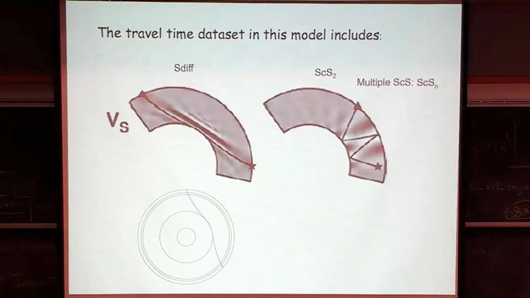These are broadband sensitivity kernels of the S diffracted, which is concentrated along the core mantle boundary, and multiple ScS. This is shown ScS2. Again, it samples the whole mantle, but it allows you to get some sampling in the deep mantle, even for large distances between the source and the station.